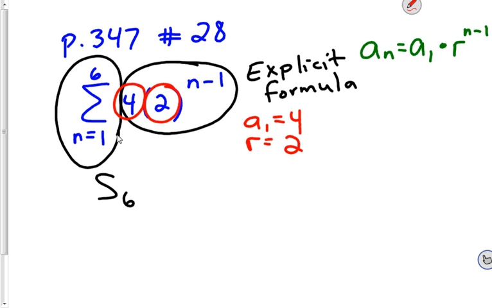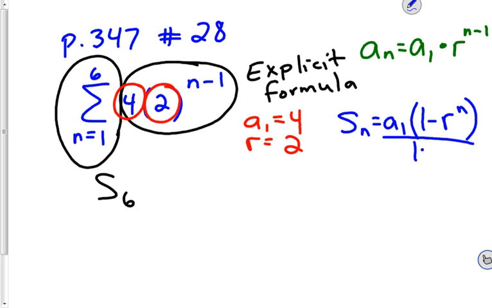Now, we're going to use the formula for a geometric series, which says, let's use some blue, s sub n equals a sub 1 times 1 minus r to the n divided by 1 minus r. Well, they want us to find s sub 6.